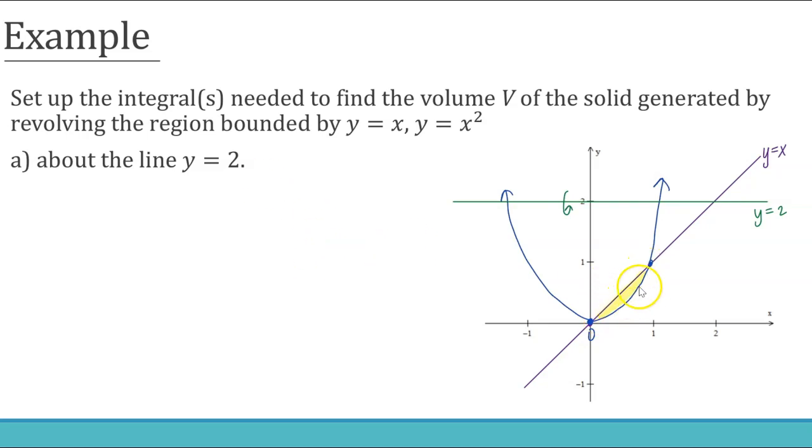Since we've clearly shaded the region that we're rotating and it's not right up against the axis of rotation, in fact there's a huge gap here, this is going to be a washer method. So we're going to have this big radius and this small radius involved. So let's get started with our setup. Volume is equal to pi, put the pi in the front, pi times the integral from x equals 0 to x equals 1.